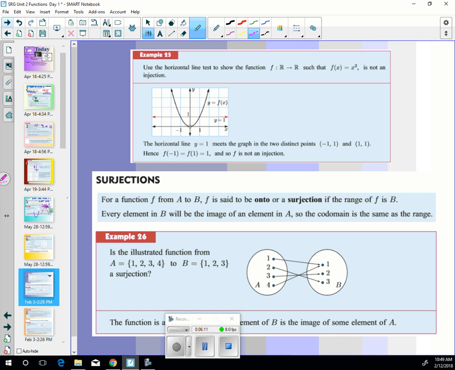They're great. Surjection. The surjection is onto, but it also uses all elements of B. In other words, nothing left behind.